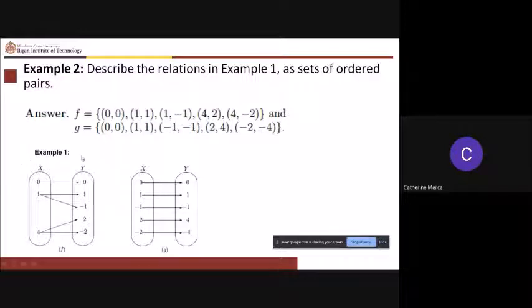So you should be able to rewrite your function, if it is in terms of a mapping, in terms of ordered pair, and you should also be able to rewrite it in terms of a table. So kung i-table ni siya, ang x diri, then you will have your y here, then x 0, up to 0, then sa table na 1, up to 1, 1, negative 1, and down the line. Okay?